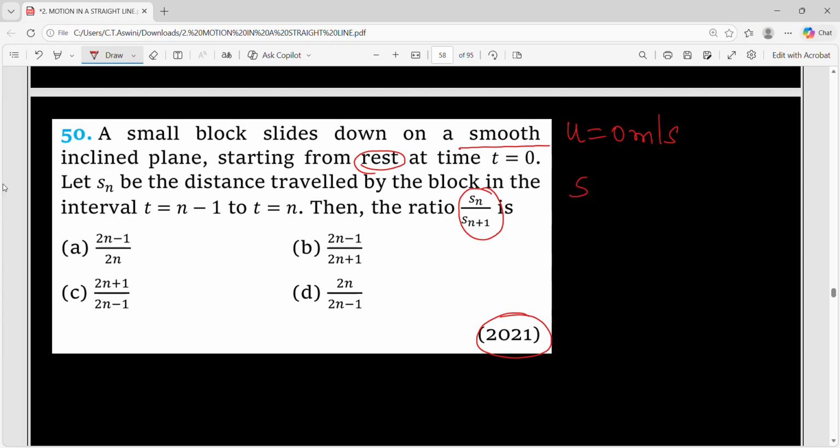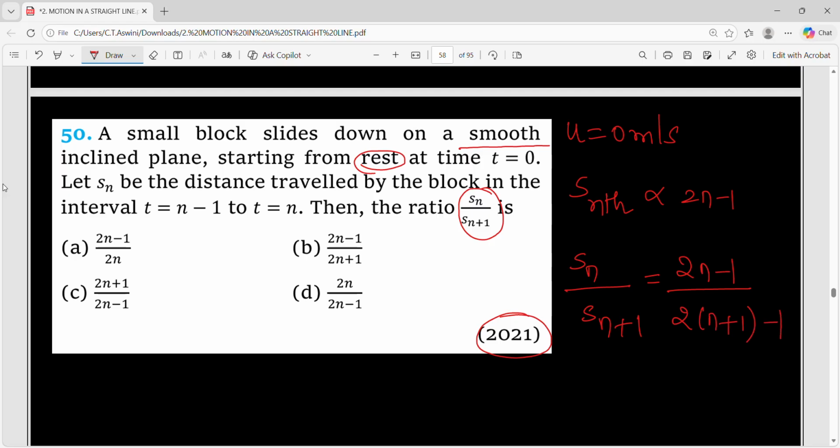Can I say now S nth is directly proportional to 2n minus 1, because we have seen in the previous problem. Initial velocity is 0. It's the same case here also. And a by 2 is constant. So if I take now S nth by S n plus 1. So what do we get here? 2 into n is 2n only. And in the denominator in place of n we have n plus 1.